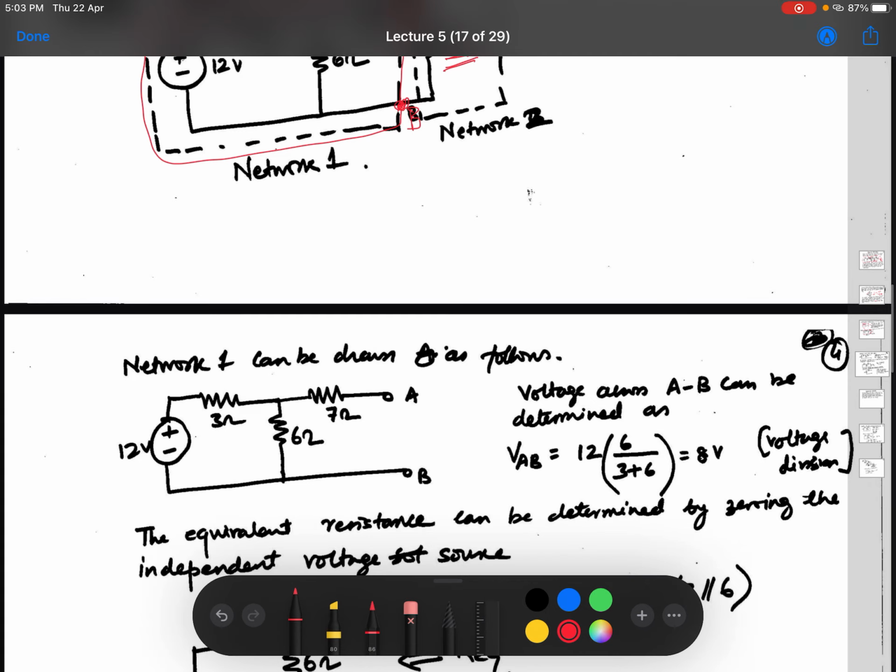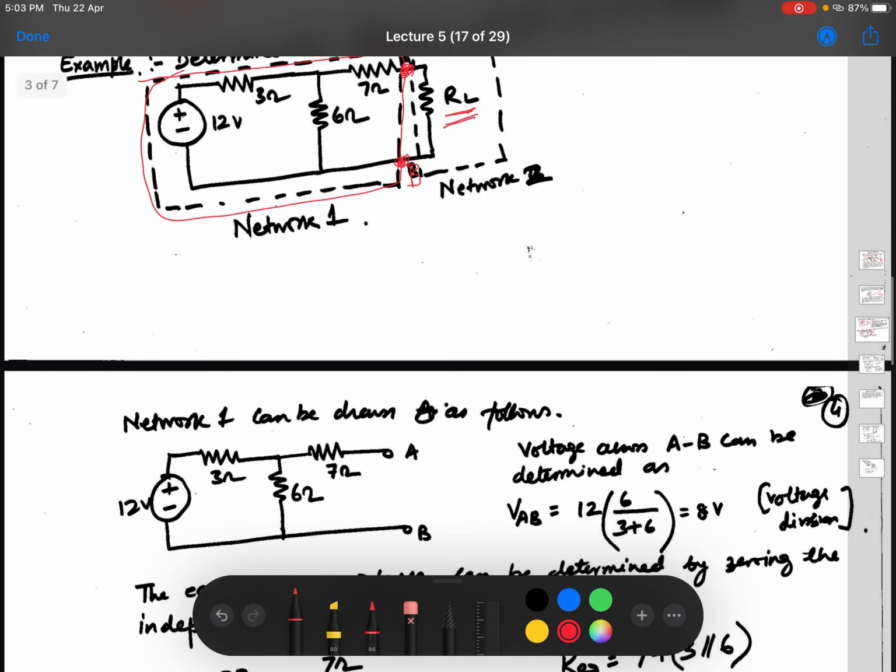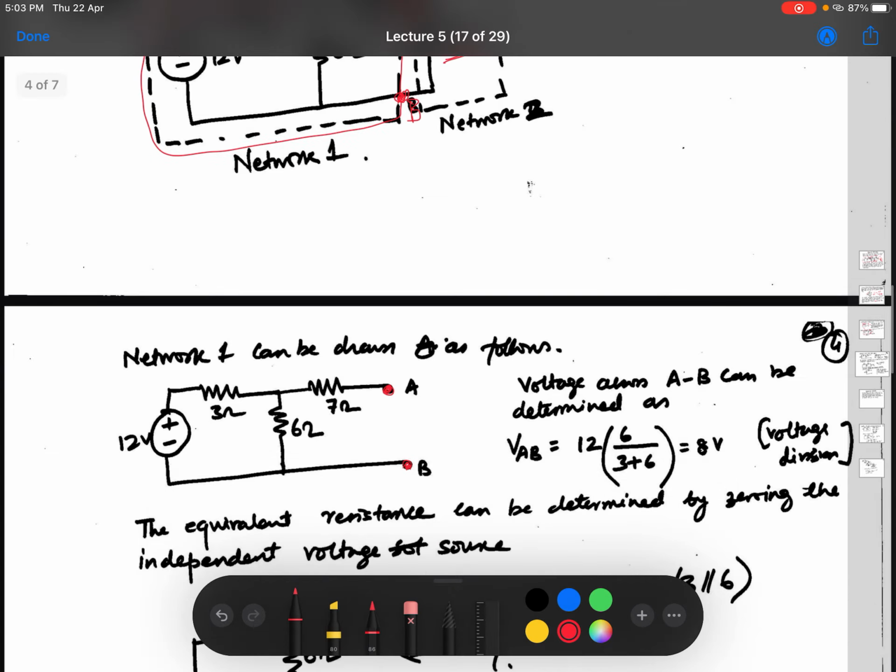Okay, so when I remove this RL, because this RL will be changing again and again, that means I have to find the equivalence across A and B, so RL is removed. Then A and B are there, these two terminals are there, and I have to first find out what is the voltage across A and B. And if you see the voltage across A and B, you can easily calculate it, this is a very simple circuit.